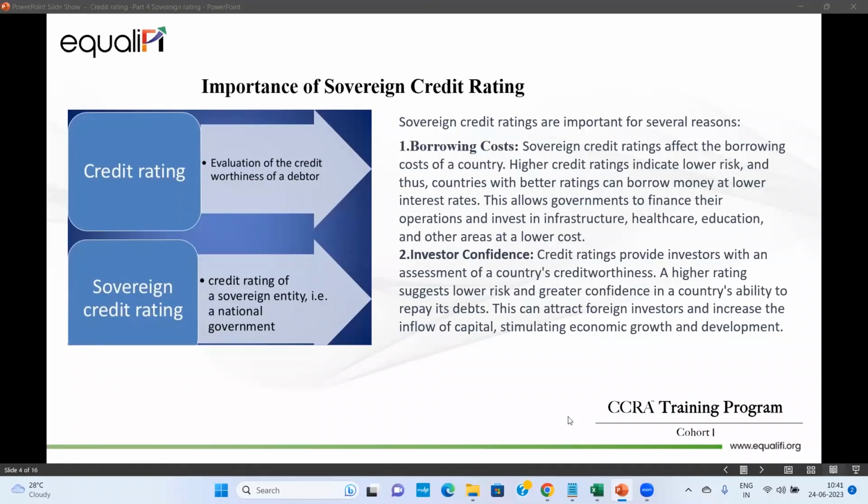Right? So investor confidence is another factor which is determined by sovereign rating.